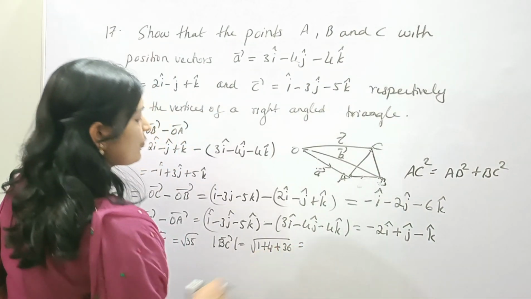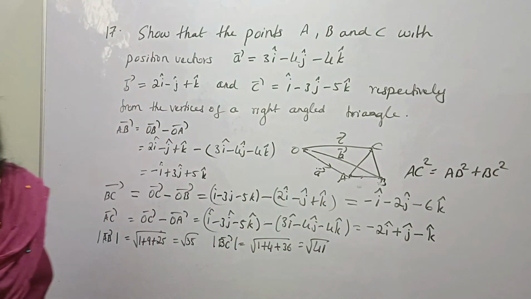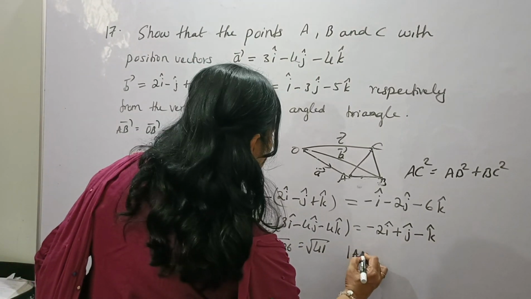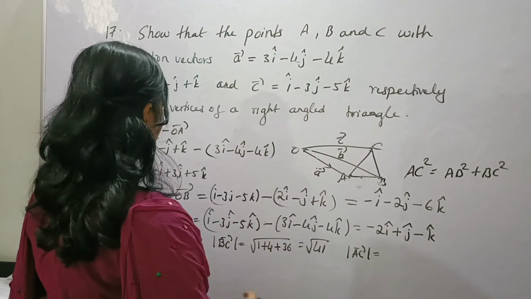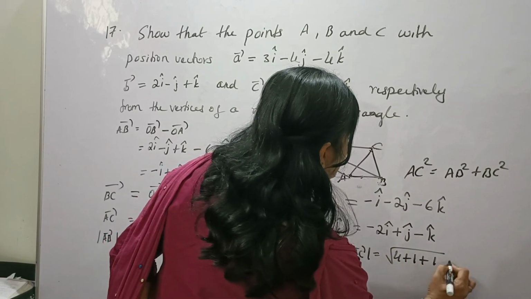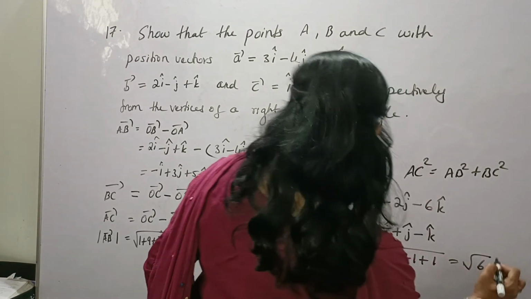That is 5 + 36, root of 41, right? Next, modulus of vector AC, that is equal to the square root of 4 + 1 + 1, that is 6, root 6.